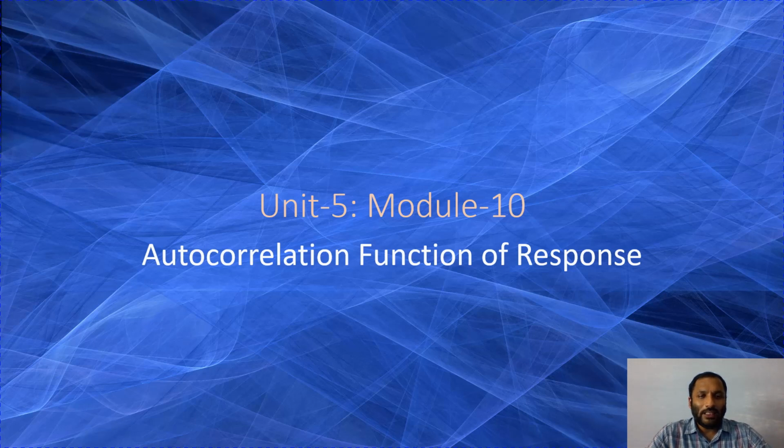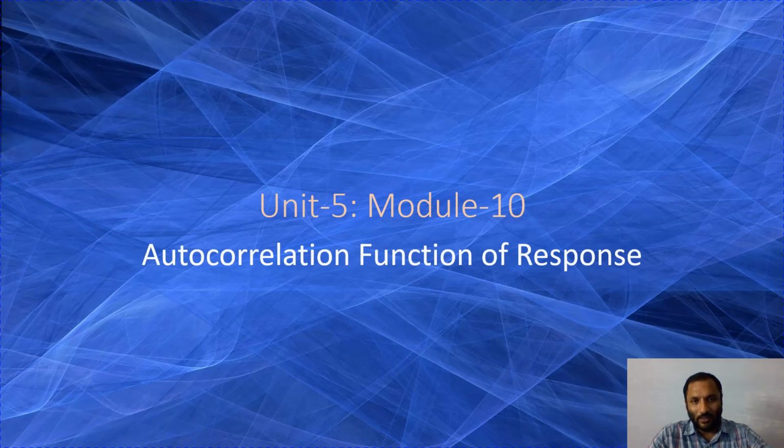Now here, what is meant by the autocorrelation of the response? We are interested to determine, when the input to the system is a random process capital X of t, what the autocorrelation function of its output is.